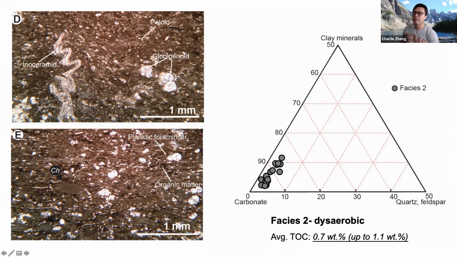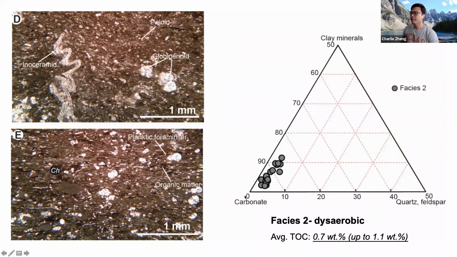And the same is that there are also common echinoderm fragments and planktic forams. And in thin section, these small Chondrites are very obvious and really evidence of this overall very highly bioturbated substrate.